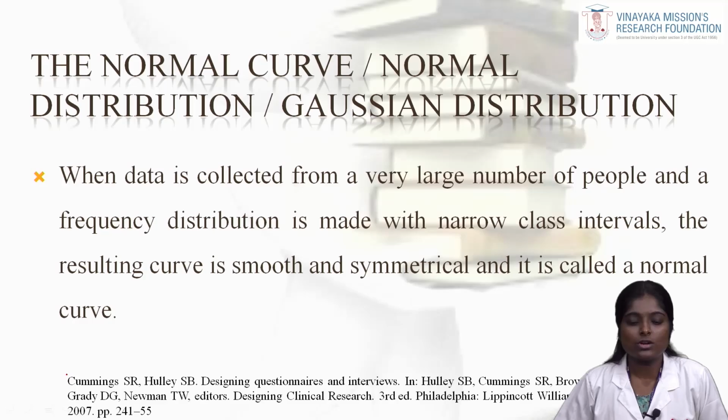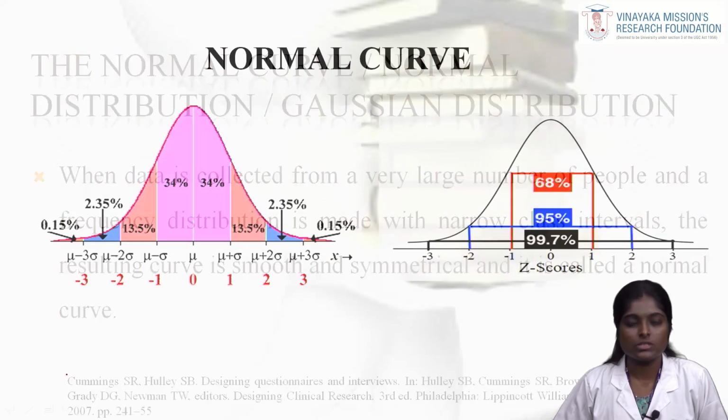Now the normal curve, or normal distribution, or Gaussian curve. We see the measures of central tendency and dispersion in this normal curve. When data is collected from a large number of people and a frequency distribution is made with a narrow class interval, the resulting curve is smooth and symmetrical, and that is called a normal curve. So this is a normal curve.